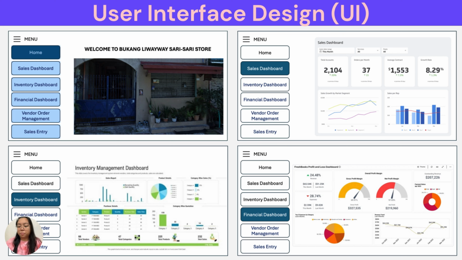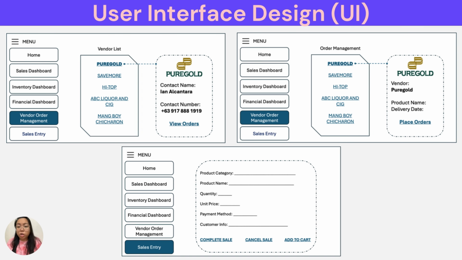I also added some theoretical values like Save More, High Top, ABC Liquor and Cigarettes, Mangboy Chicharon, those kind of potential vendors that they can partner with to get more specific products that they would be selling. Then under the vendor list, once the user selects a vendor, it will show who is the main contact there, what's the contact number, and any orders that have been processed in the past will also be here.